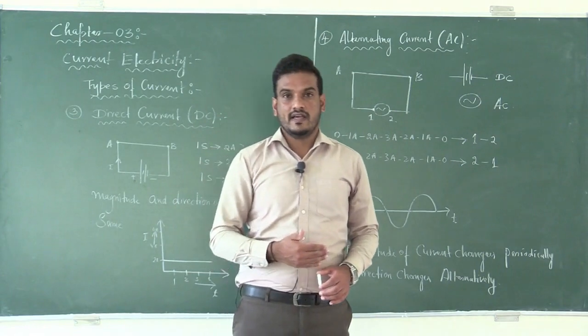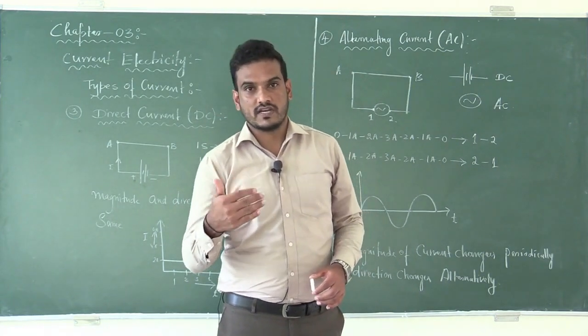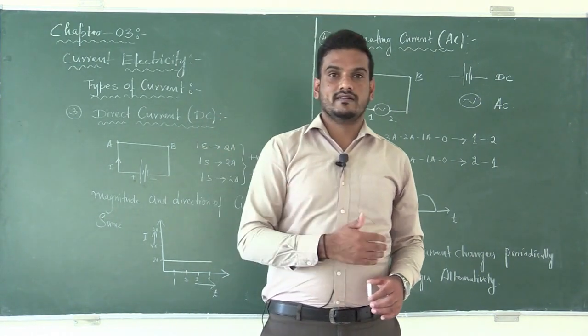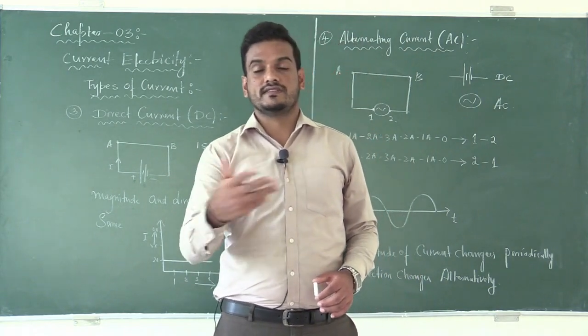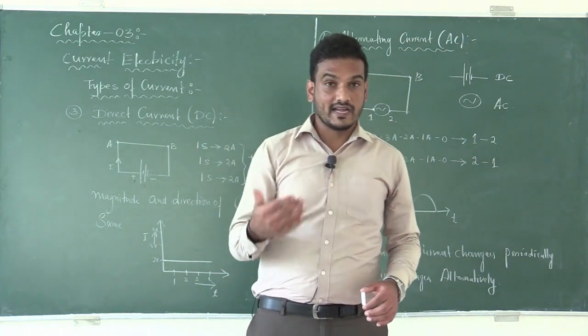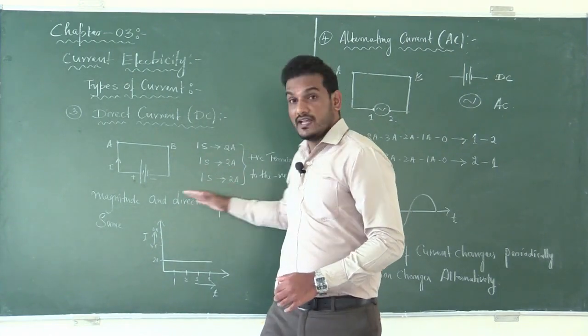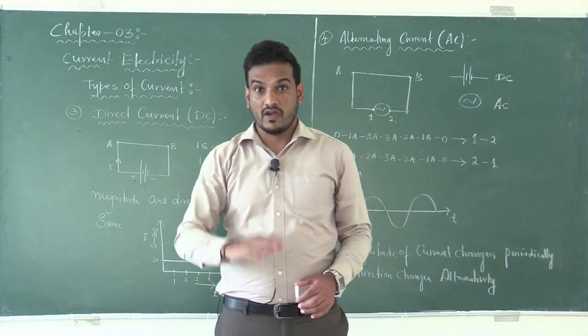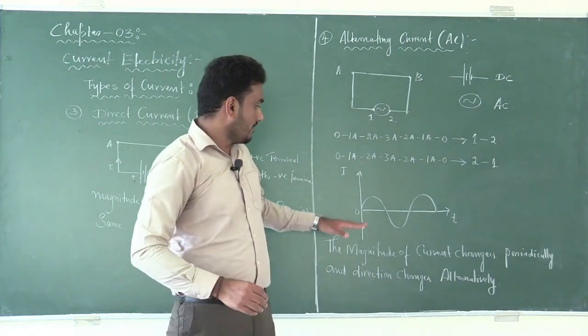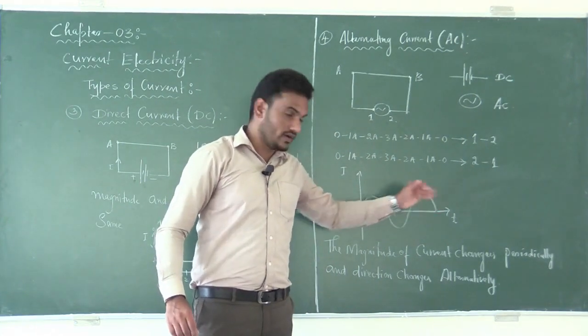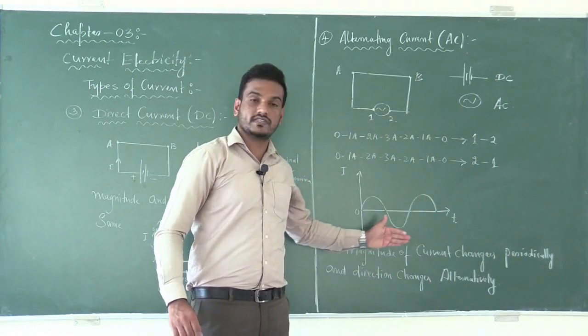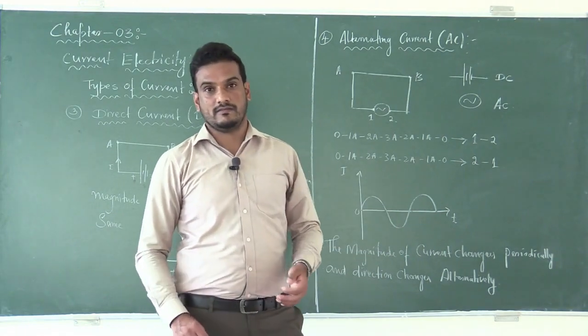Varying current: the magnitude of flow of charge through a conductor changes every second. Direct current: the magnitude and direction of current remain same. Alternating current: the magnitude of current changes periodically and direction changes alternatively.